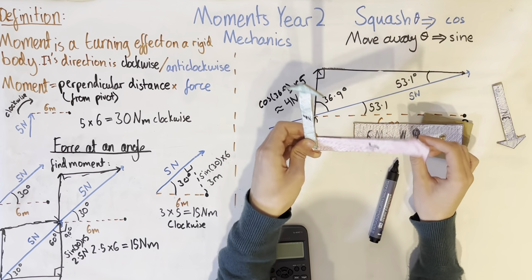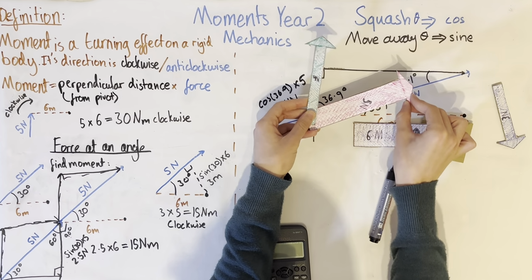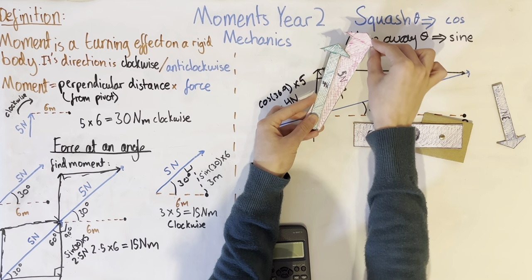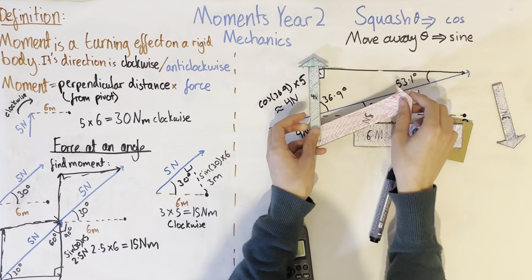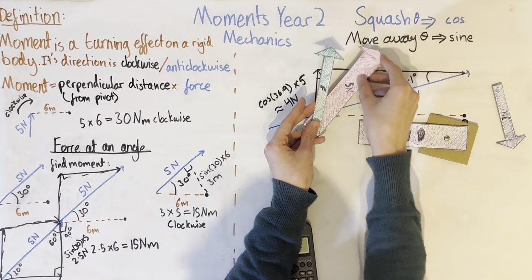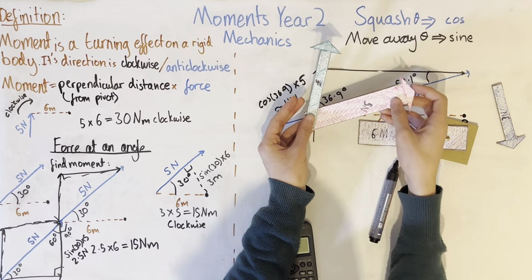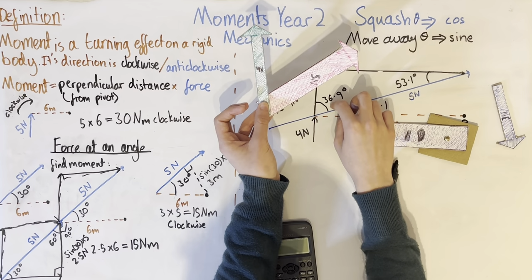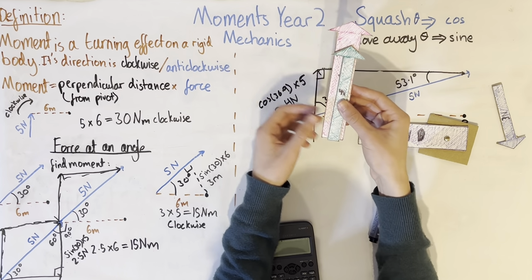So if we have our 4 newtons and our 5 newtons, we squash, because we're taking 36.9 degrees. If you have something like this and you squash the angle, you do 5 times cos 36.9, which gives you 4 newtons.